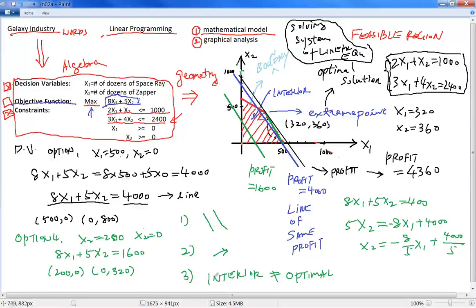So that's the third observation. So by now we have completed the geometric interpretation of the objective function, and through that we have found the optimal solution, which is to produce 320 dozens of space rays and 360 dozens of zappers.